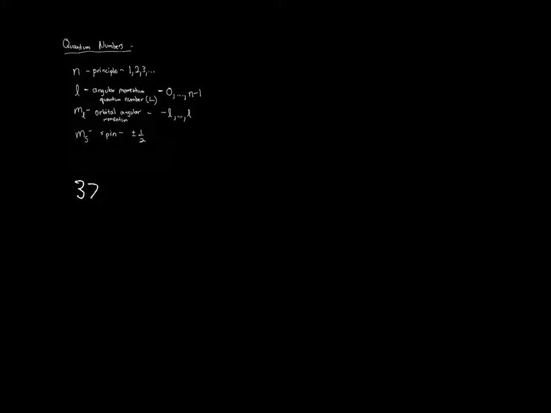So this is 37. It asks us, what are the m sub l's if n is equal to 4? We have to go step by step. If n is equal to 4, that determines what all of our l's can be. What l's can I have if n is equal to 4? Well, I start at 0, and I go up to n minus 1.